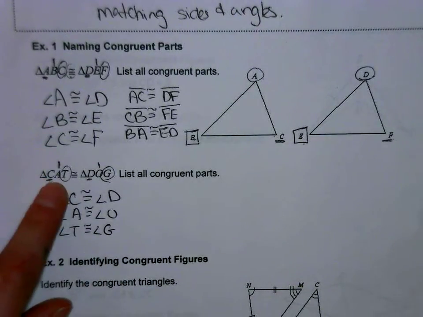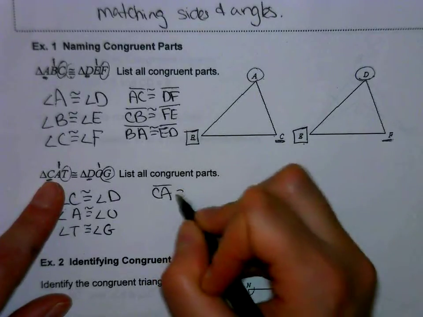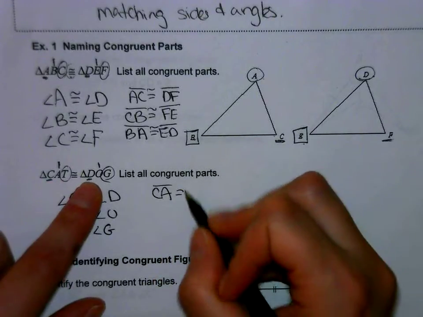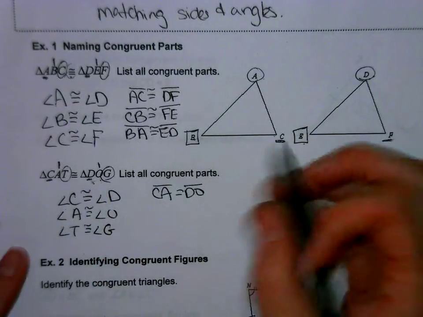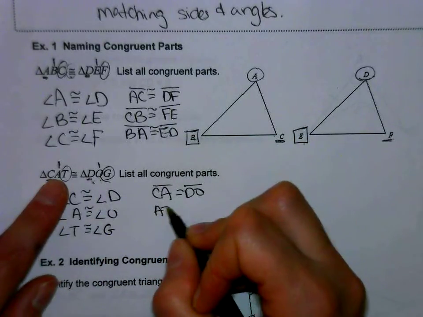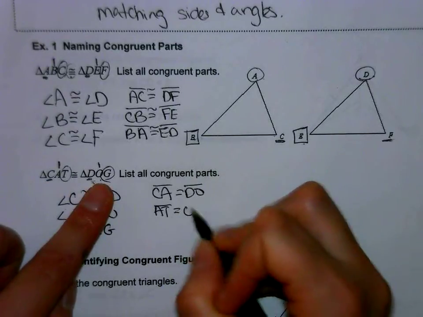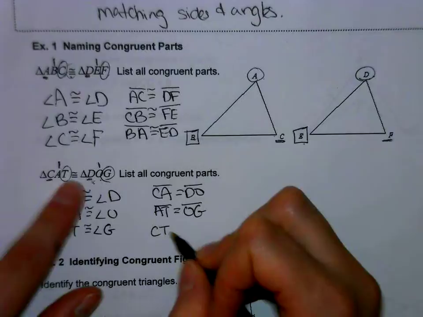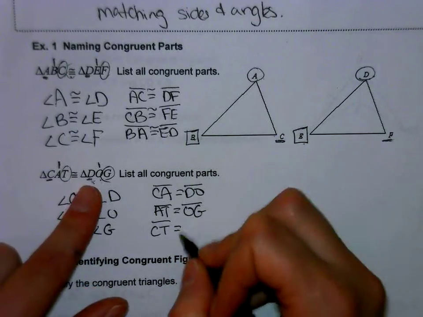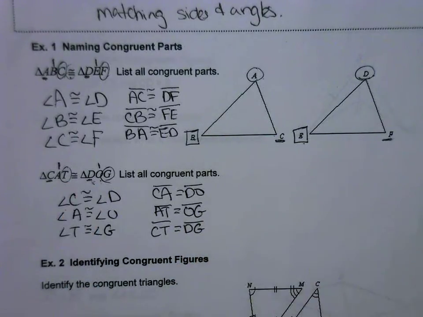If we have side CA, CA is going to be congruent to DO. C matches with D, A matches with O. Now if we have side AT, that's congruent to OG. Then our last side is CT, and that's congruent to DG.